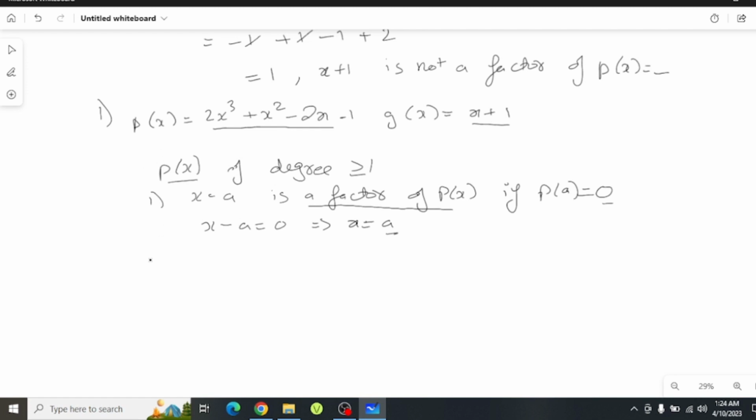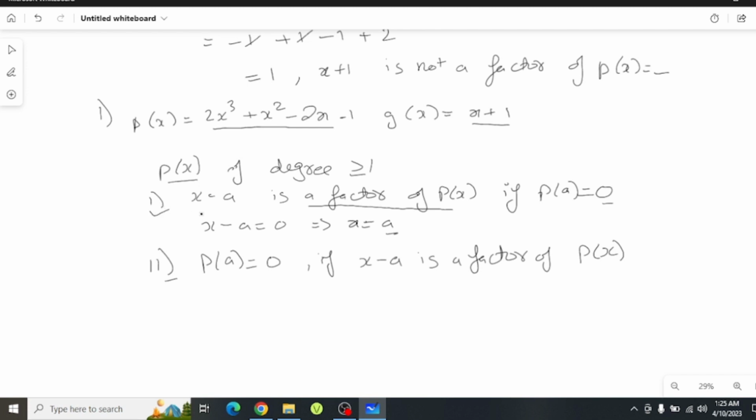Okay, one more point in the factor theorem. The factor theorem states that p(a) equals 0 if x minus a is a factor of polynomial p(x). Okay, it is just the converse of statement 1.